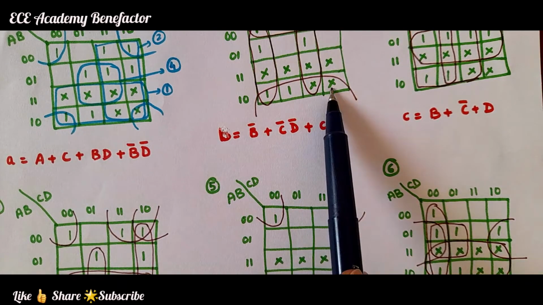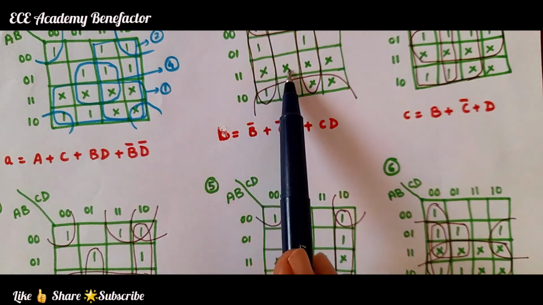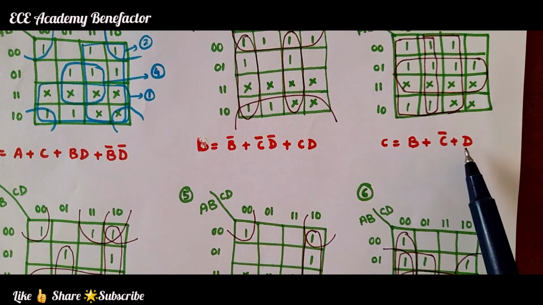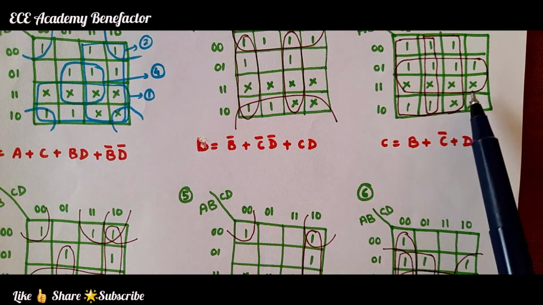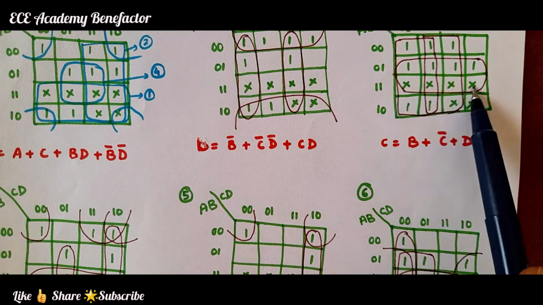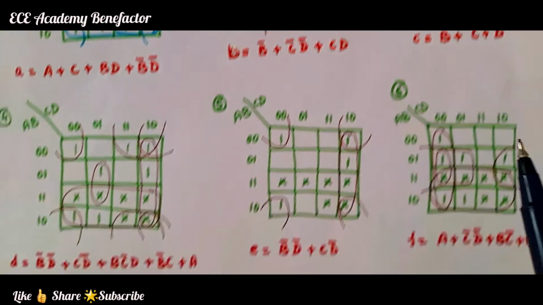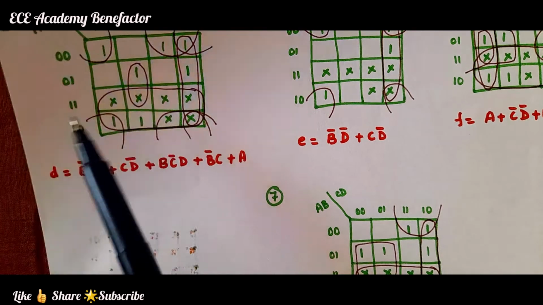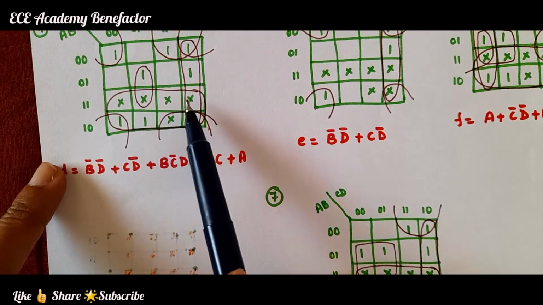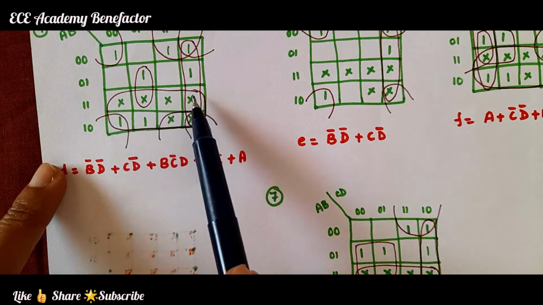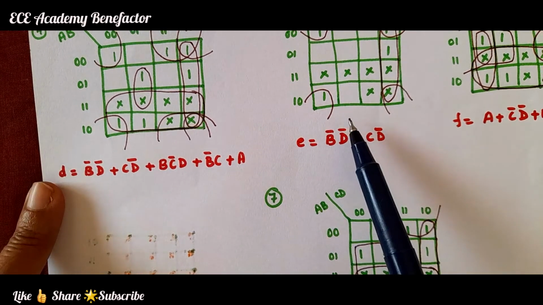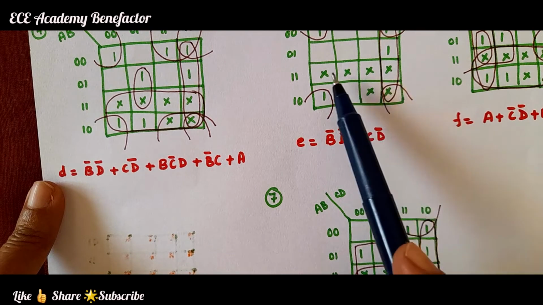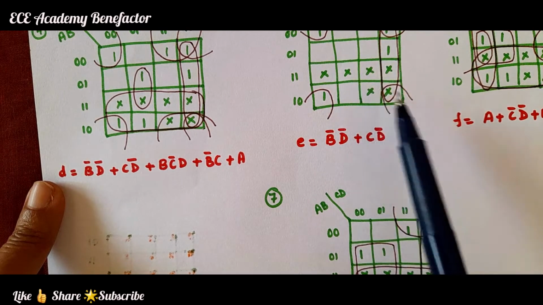Here also 10, 11, 12, 13, 14, 15 are X for B segment. For C segment 10, 11, 12, 13, 14, 15 is X, don't care. Coming to D, 10, 11, 12, 13, 14, 15 are don't care terms. Coming to E, 10, 11, 12, 13, 14, 15 are don't care, X sign.